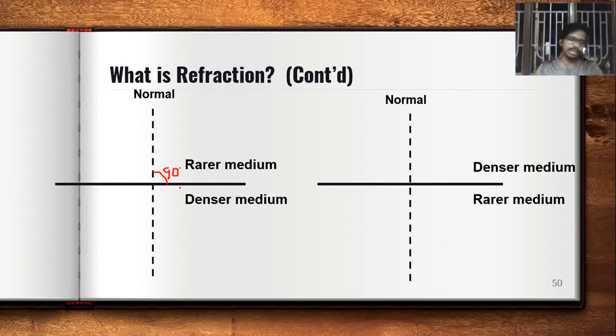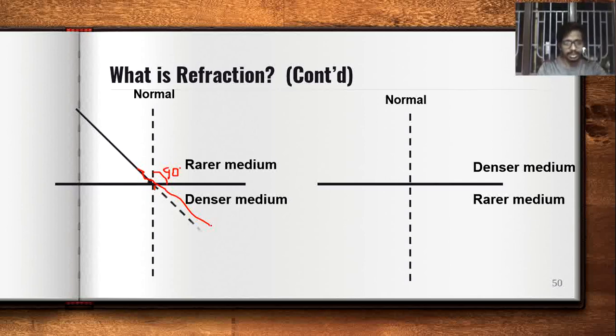Now the light is traveling in the rarer medium and strikes at this point. When it enters the denser medium, what happens? It is going from the rarer medium to the denser medium, so it will move towards the normal. We are supposed to move in this direction, so it would follow the same direction. But what happens due to refraction?